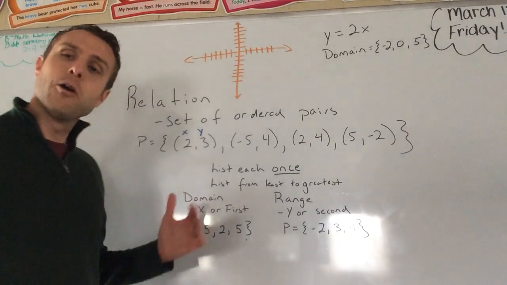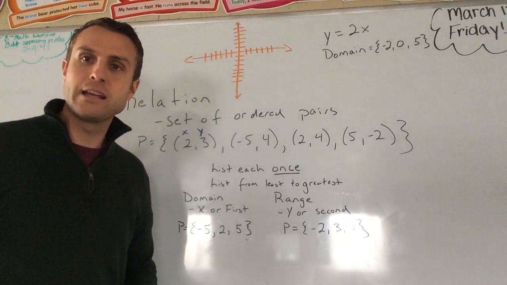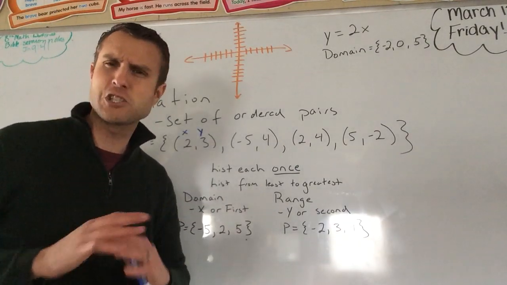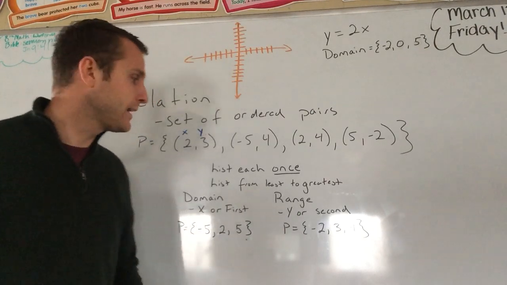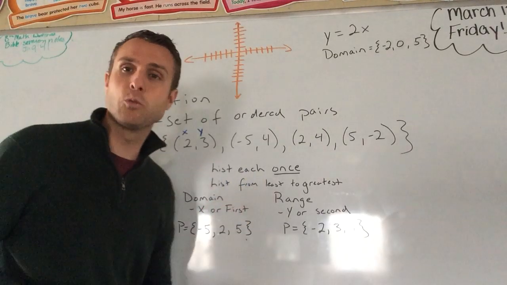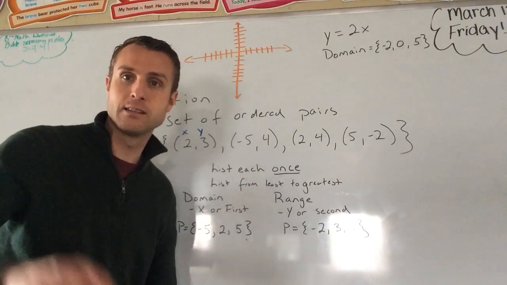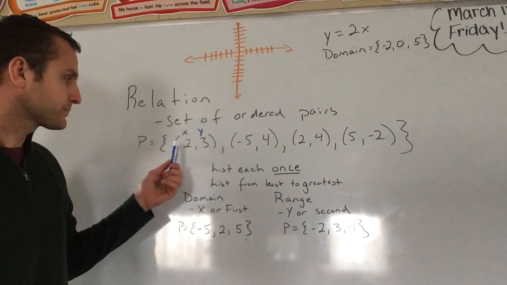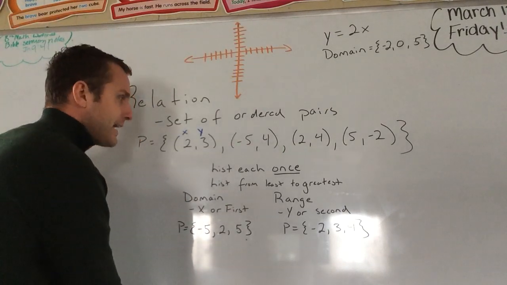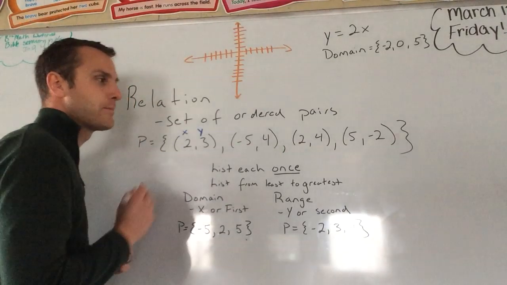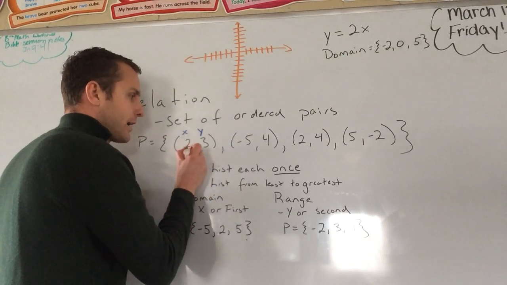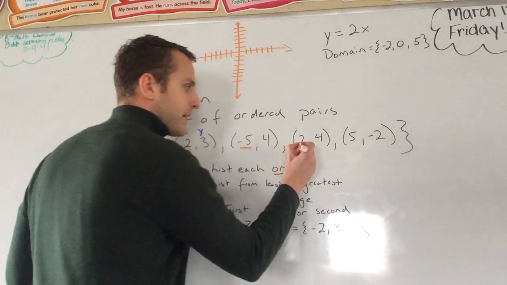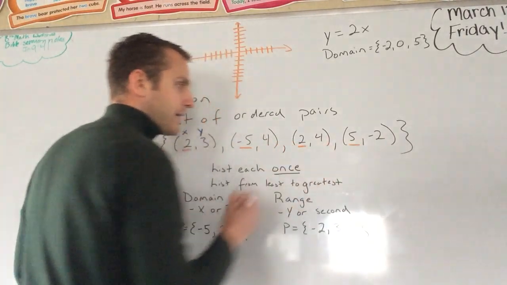When I write out my domain and my range, there are two rules that are extremely important to remember. Rule number one, you must list each one only once. So, for example, I will underline each one of the numbers in my domain. The first number of each ordered pair. I have a 2, a -5, a 2, and a 5.